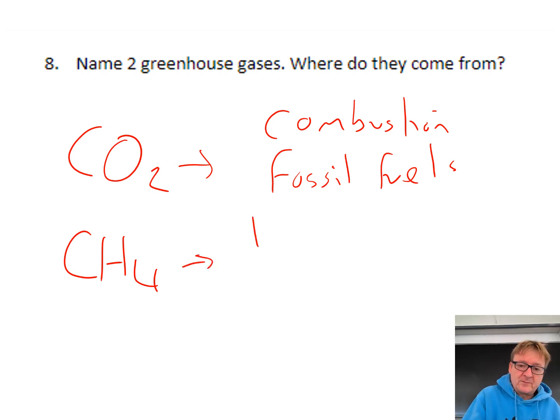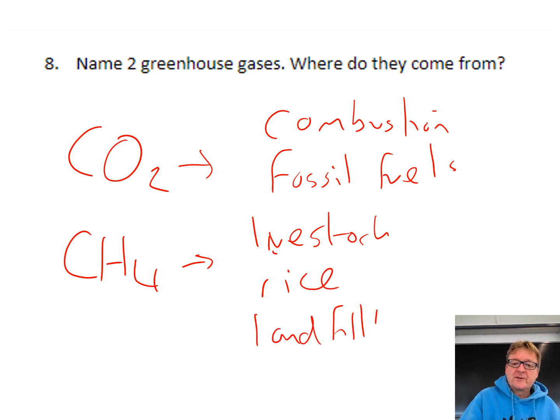Methane is from livestock, cows particularly. It's from rice paddy fields and landfill. So each one of those produces methane. It's kind of cows' bottoms, rice paddy fields and landfill.